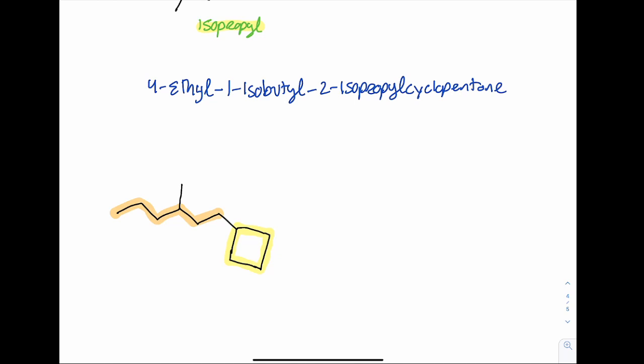So I'm going to erase the highlighter on this, and then that's my parent. So I'm just going to use all my straight chain rules, right? I'm going to circle my parent. I'm going to number my parent. I want the lowest numbers for my branches. So I'm going to start here. 1, 2, 3, 4, 5, 6, right? So I have substituents on carbon 1 and 3.